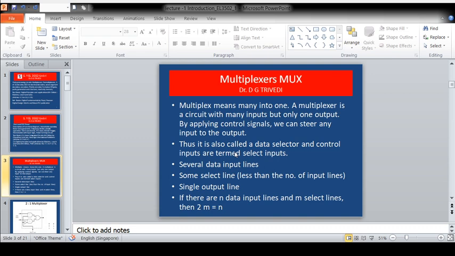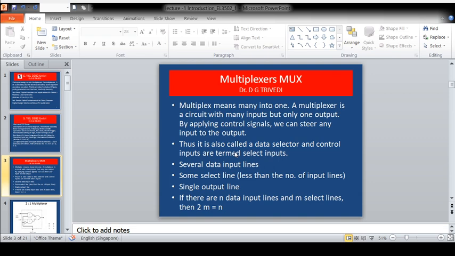m is the number of control signals. If there is only one control signal, then 2 raised to 1 means only 2 inputs are possible, and out of the 2 inputs, one appears at the output. If you have 2 control signals, then 2 raised to 2 means a maximum of 4 inputs is possible. These 4 inputs are known as D0, D1, D2 and D3.